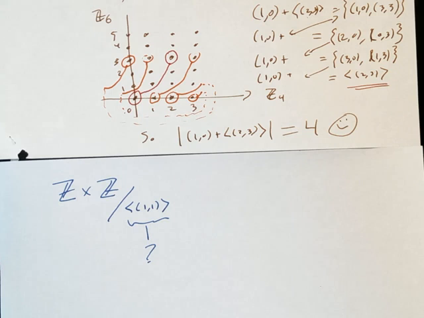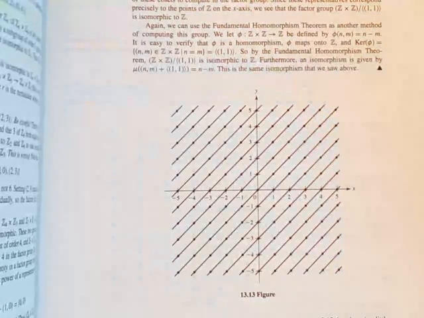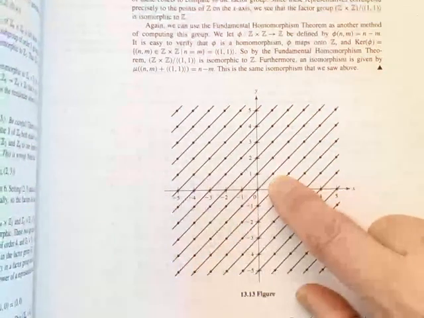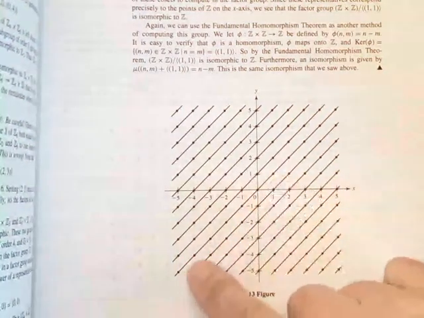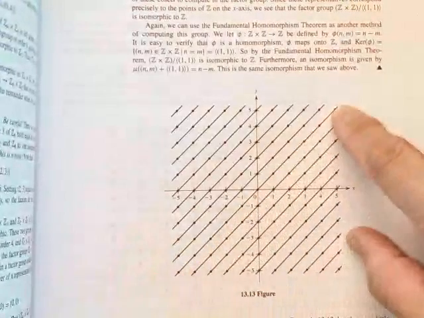And all of the cosets then are parallel lines. There's 1, 1. And the subgroup generated by 1, 1 is the diagonal line y equals x.